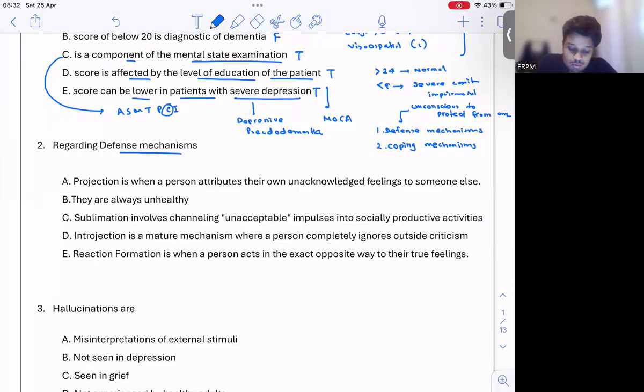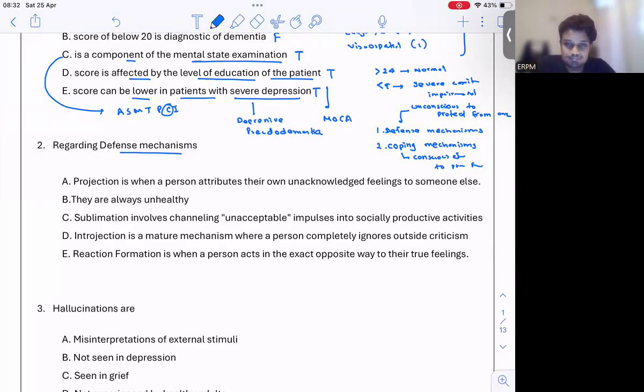Coping mechanisms are basically the opposite. Conscious efforts to protect from anxiety. That is the basic difference between defense mechanisms and coping mechanisms.